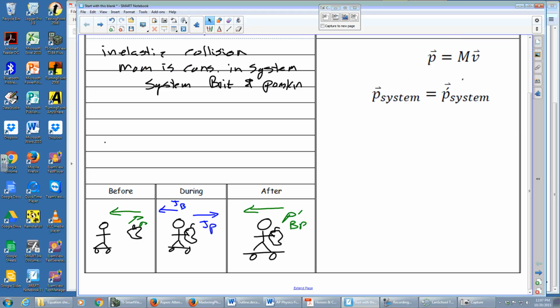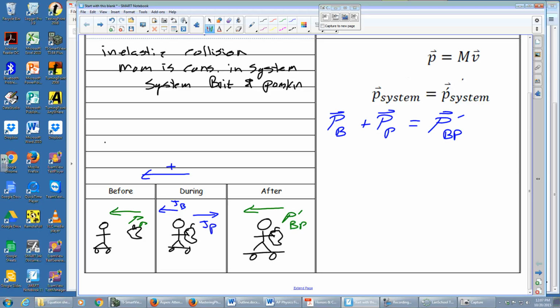Beforehand, I'll have the momentum of Brittany and the momentum of the pumpkin. They're separate bodies. And then together afterwards, I'm going to have the momentum of Brittany and the pumpkin together, because they become one body. All my momentums are pointing to the left, so I'm going to say that's positive.